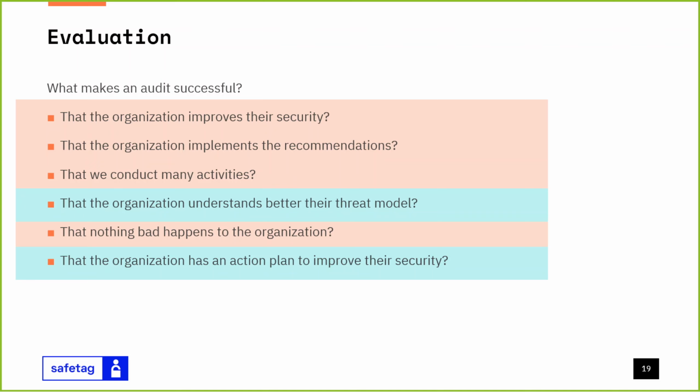So, from an evaluation point of view, I would say it's like this. If I want to make a survey, a focus group, or whatever instrument I want to design to assess how good the audit was, I will focus on these 2 things in green: that the organization, after the audit, understands better their threat model, and that the organization has an action plan.